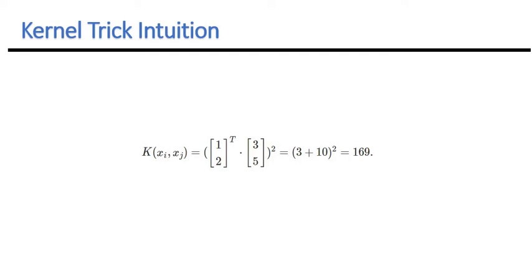However, this is the purpose of the kernel trick, from a really shallow and really simple example: we were able to get a function that provides me with the same value without actually going to a higher dimensional space in order to do so. So this is basically what the kernel trick intuition is, the main purpose of the kernel trick.